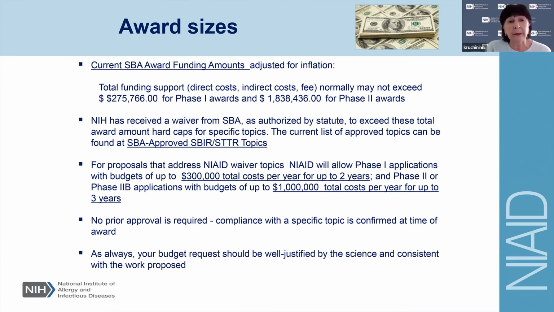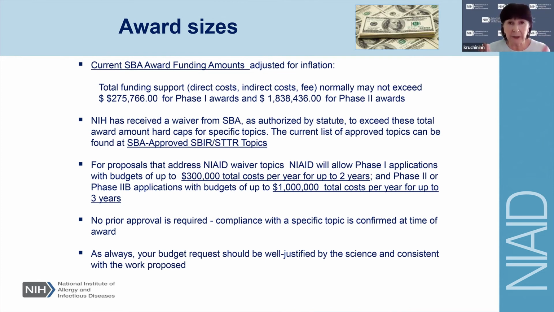But NIH has a list of research topics, the so-called waiver topics. Every year NIH sends this list to the Small Business Administration and gets approval. If your science falls under one of these research topics, you can get a larger dollar amount. And our topics, we did this intentionally, are very broad.